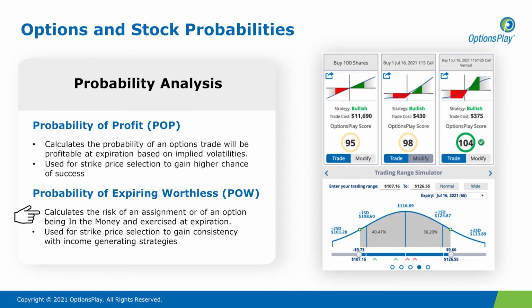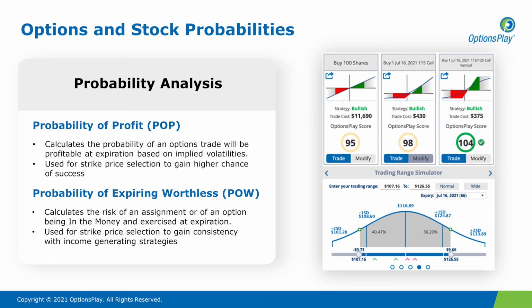So it's very important to understand your potential outcomes and your potential risks with respect to exercise and assignment. As options traders, you need to pay attention to both, but specifically as an option seller, you need to be focused on the probability of expiring worthless. The probability of an option expiring worthless tells you the inverse of the probability of being assigned.